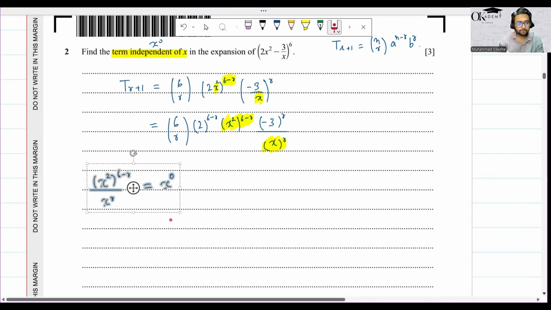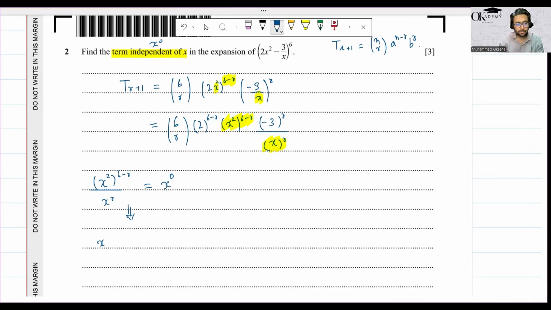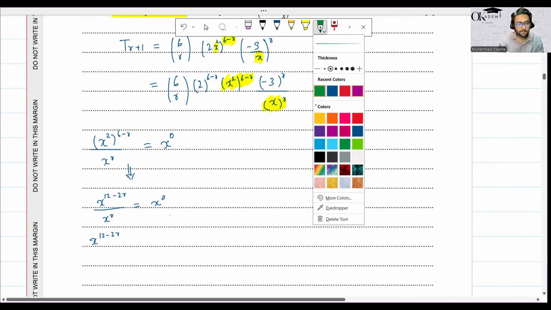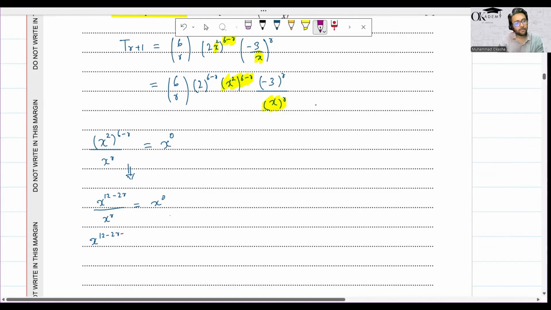Let's do it. So if I were to multiply by 2, that's going to be 12 minus 2r over x to the power of r equals x to the power of 0. By using laws of exponents, this r was previously positive. If I bring it upstairs, it becomes negative.